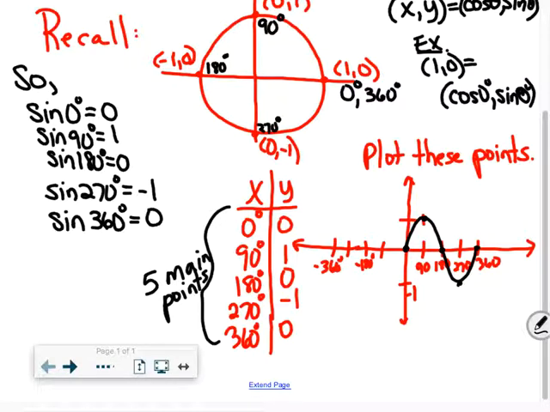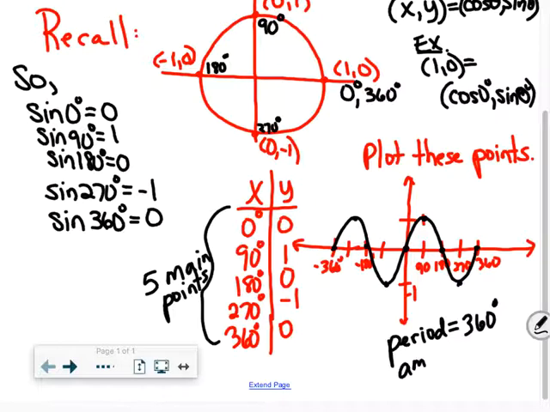If I continue the pattern, because sine functions are periodic, the period length for the sine function, it takes 360 degrees. Okay, remember, the period length is how long on the x-axis does it take to repeat.